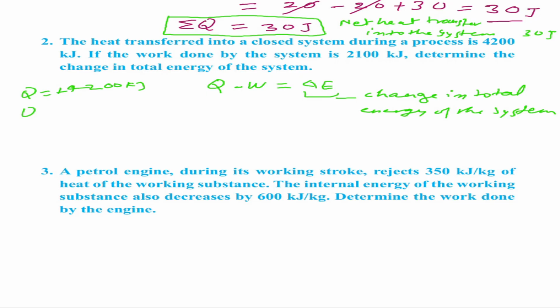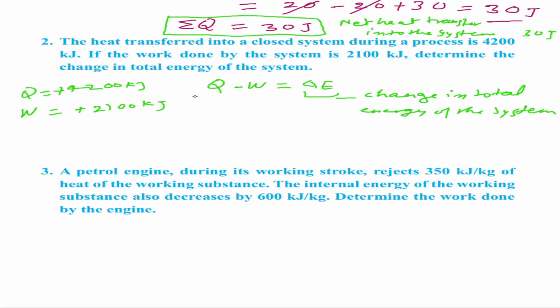Work done by the system is taken positive, so this is given as positive 2100 kilojoule. For heat transfer, this is plus 4200, meaning heat going into the system.